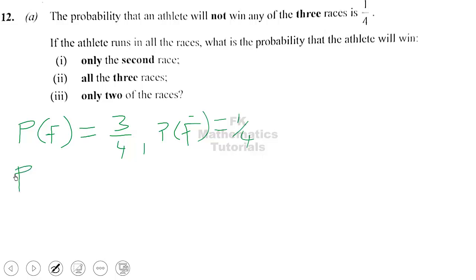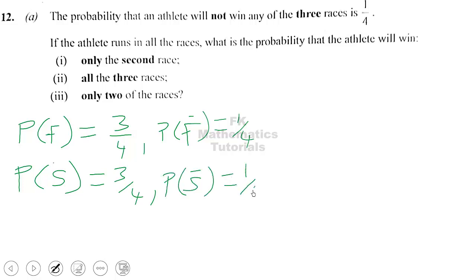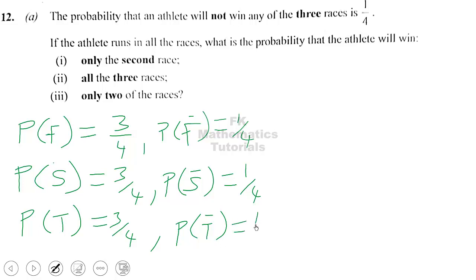Then the probability of winning the second race will also be 3/4, since the probability of not winning the second race is 1/4. The probability of winning the third race will also be 3/4, because the probability of not winning the third race is also 1/4, since we were told that the probability that an athlete will not win any of the three races is 1/4.